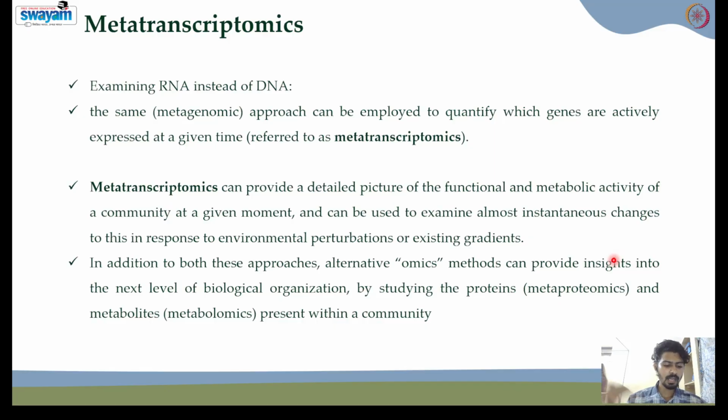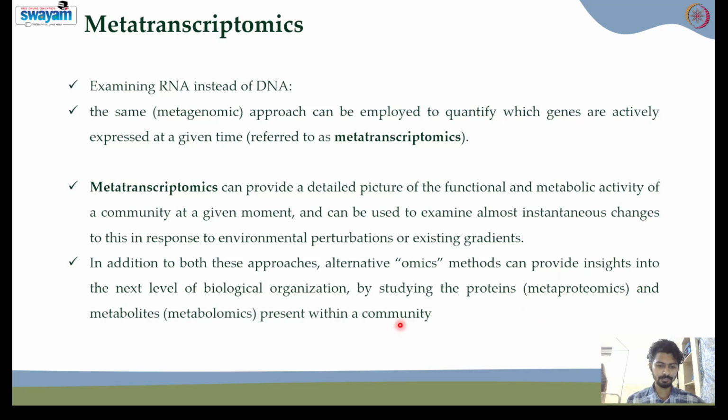For example, enzymes that are breaking down plastics in the soil. If you are focusing on plastic degrading microorganisms in an environment, then you have to identify the enzymes that are capable of breaking the plastic. So you have to understand the proteins, that is enzymes, first, where you can use the metaproteomics tool.